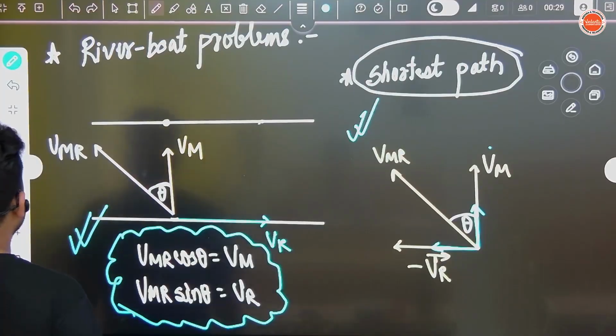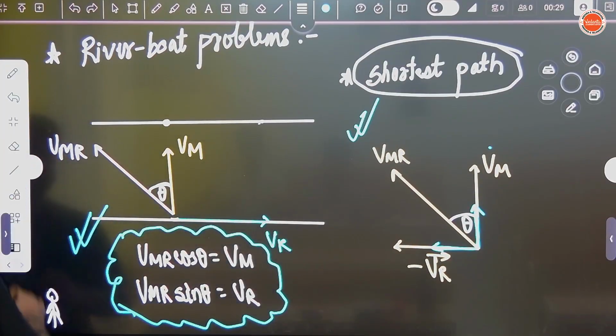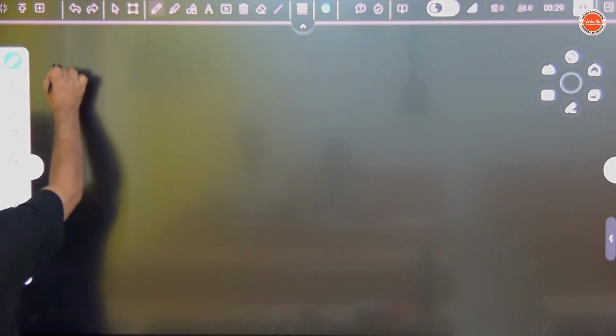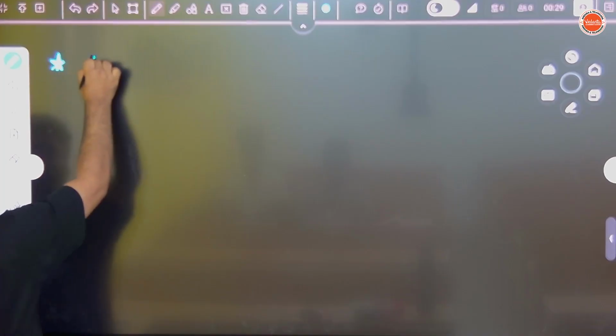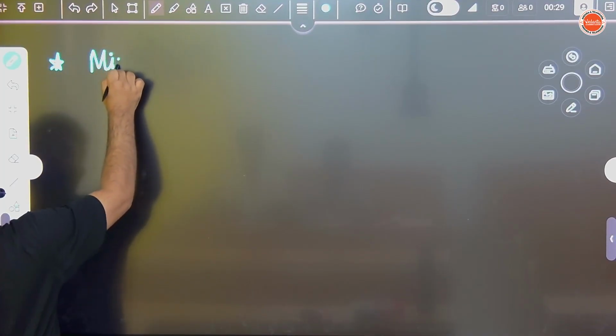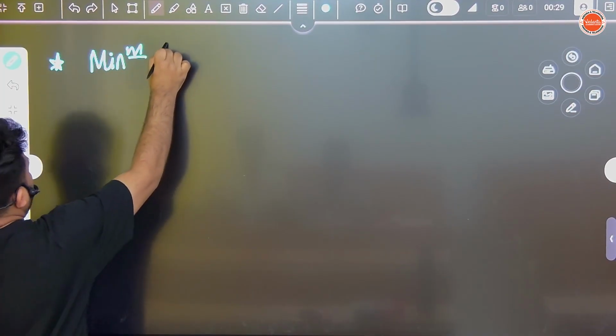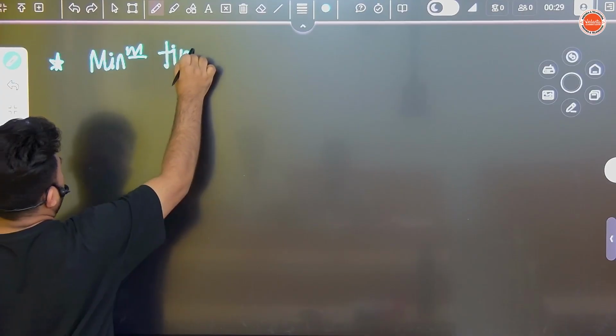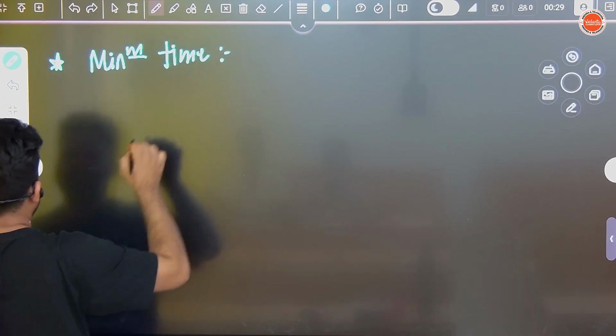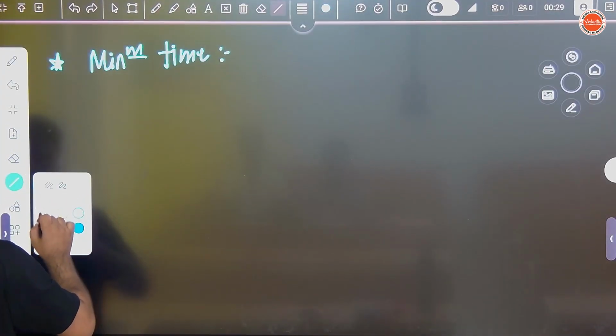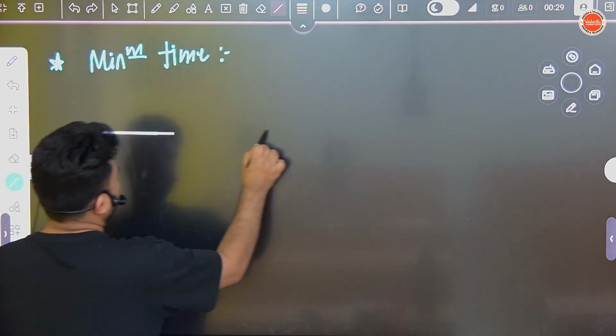Next question they ask: shortest time or minimum time. If the man has to cross the river in minimum time, what should he do? Again, I am not going for the derivation, you just remember.